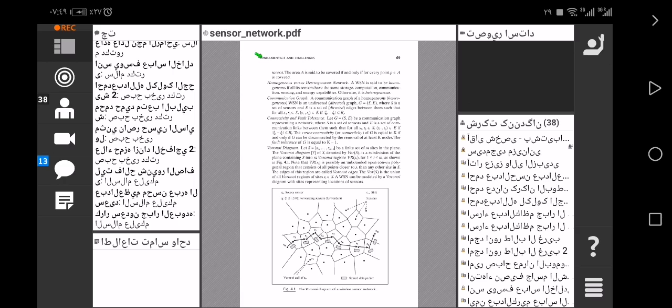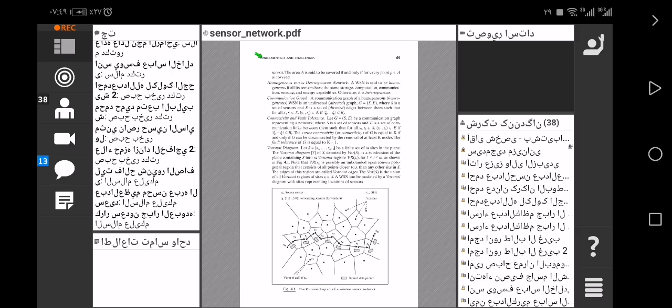For each sensor Si, we have a Voronoi region. The union of all Voronoi regions for all sensors is called the Voronoi diagram. So a Voronoi region is a subset of the Voronoi diagram, and the union of all Voronoi regions is called the Voronoi diagram.